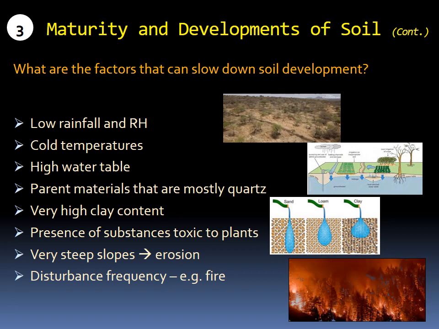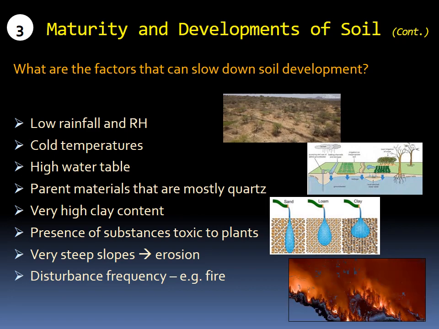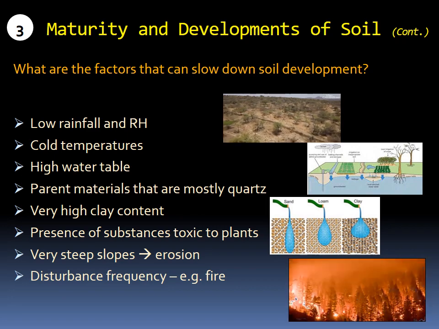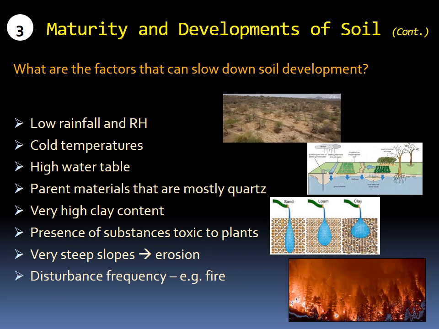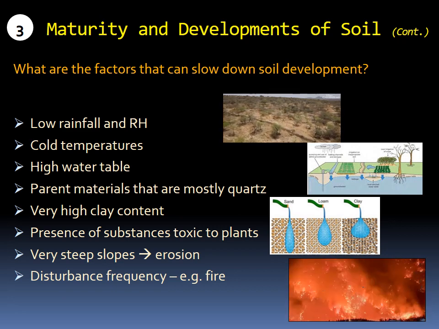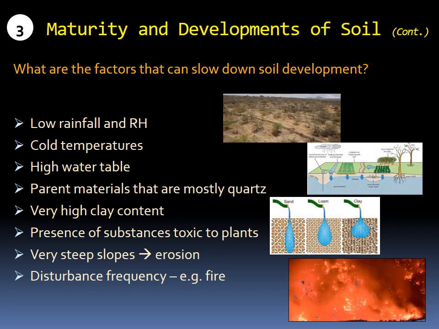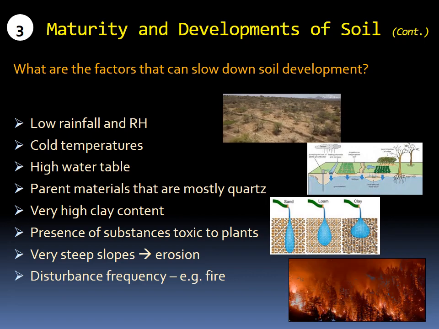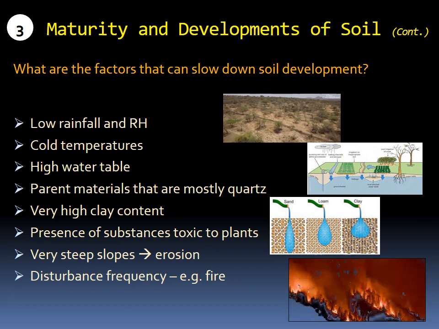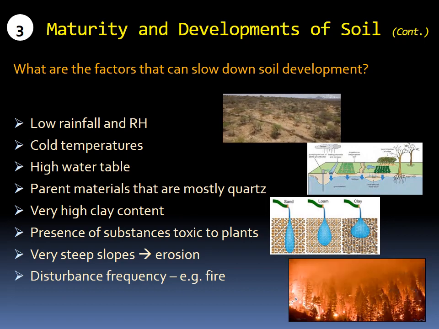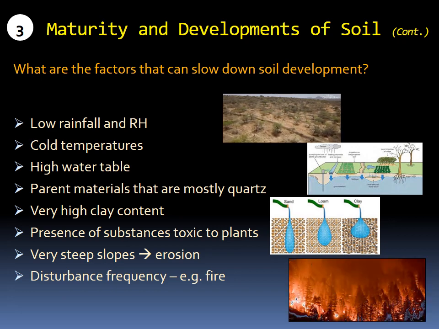Another factor is higher water table. Now, this is kind of contradicting. You just told us that water is very important for the development, but now how can water act as a retardation factor? It depends. In this condition, when you have a shallow water table, like what you can see from the second picture, it means that the whole profile is saturated with water. All the pores are saturated with water.